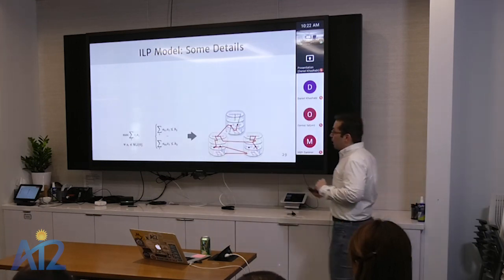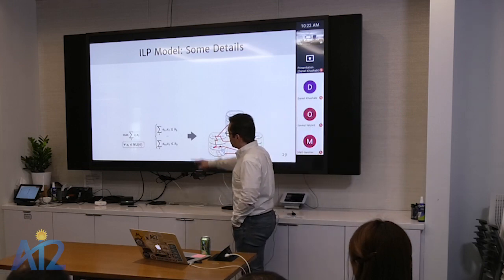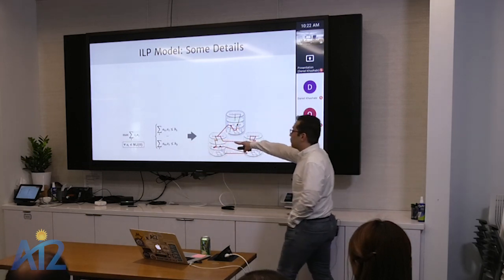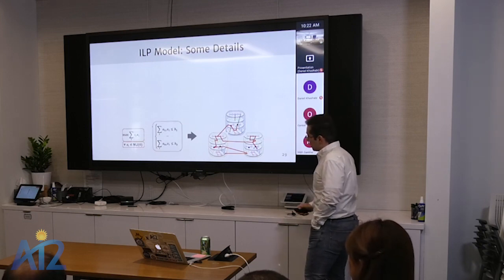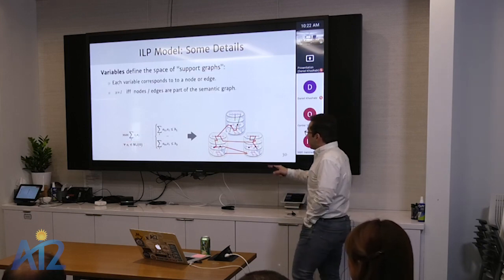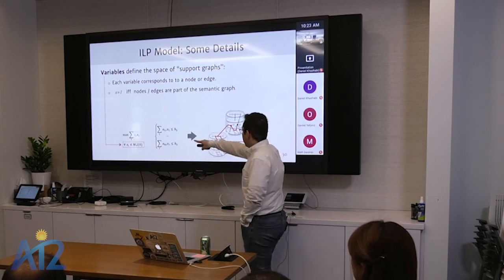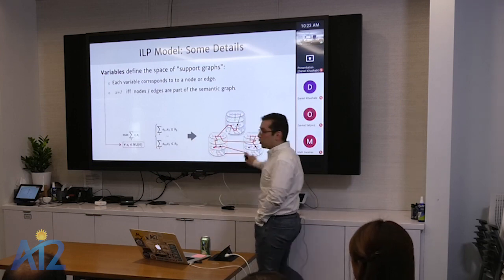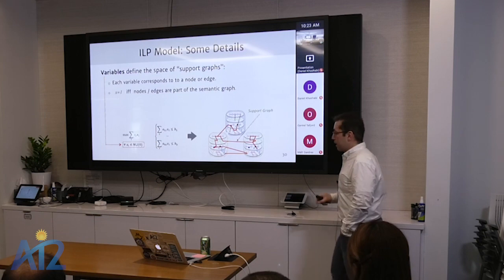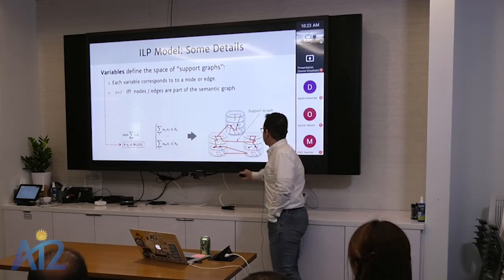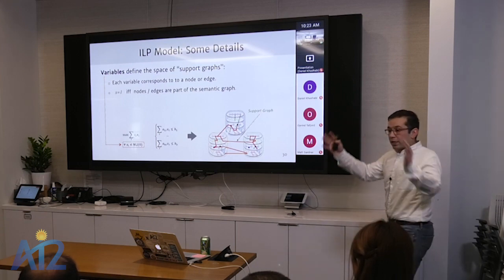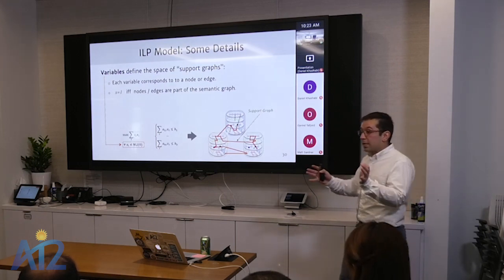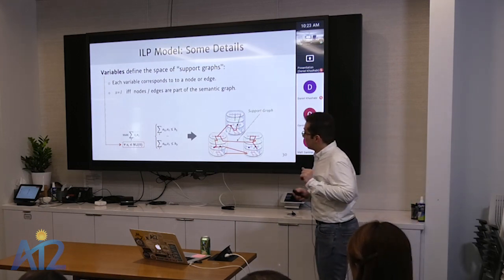Very briefly, you have to define three components: what your variables are and what they represent, what your objective is, and what your constraints are. Variables encode whether a given edge or node is part of my support graph or not. For example, you have a variable for each of these single nodes, and altogether they collectively define a space of all the possible support graphs.